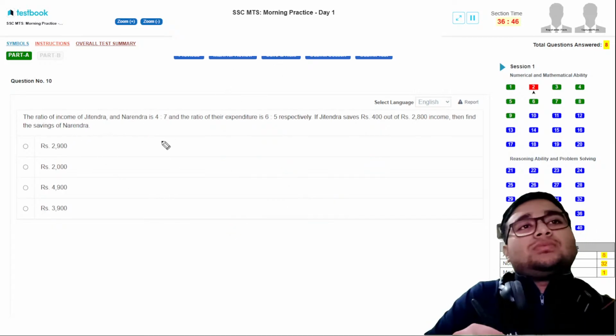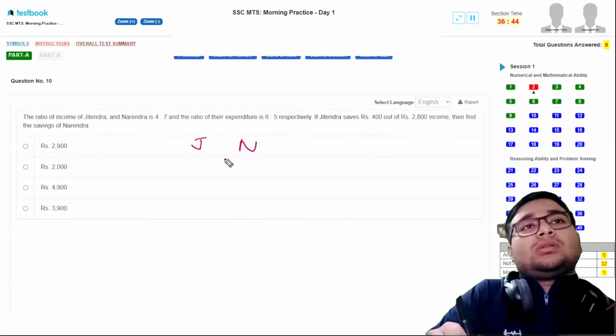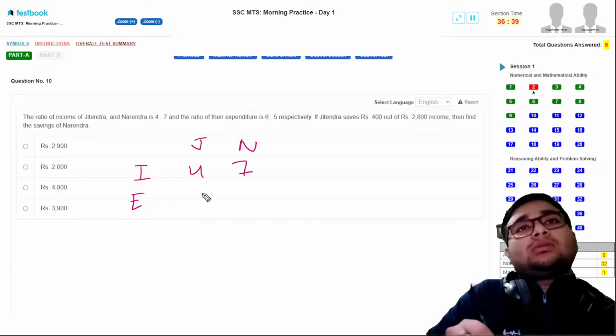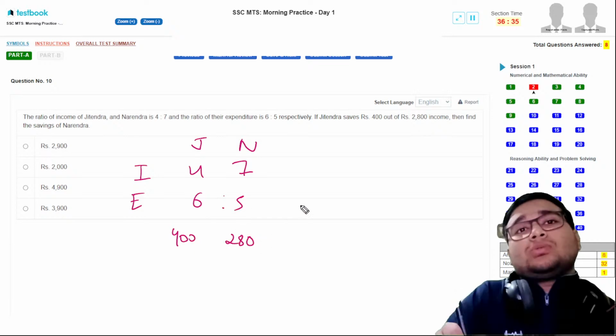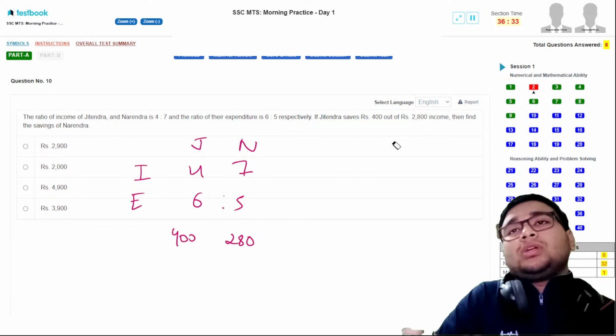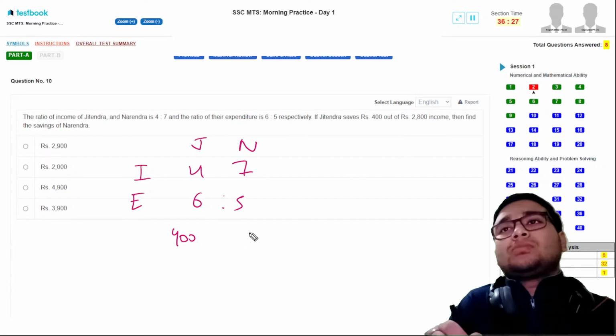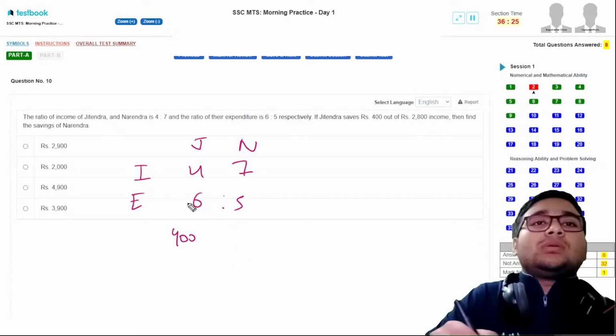The ratio of income of Jitendra and Narendra is 4 7. Their expenditure is 400 250. 2800 is the income. Okay, find the savings of Narendra.